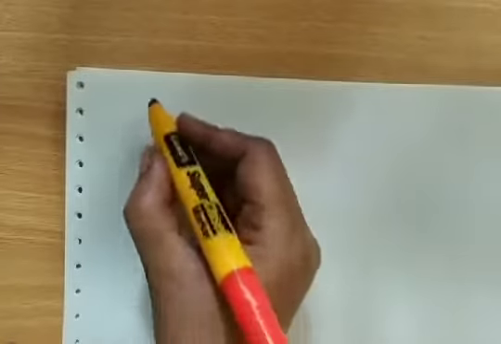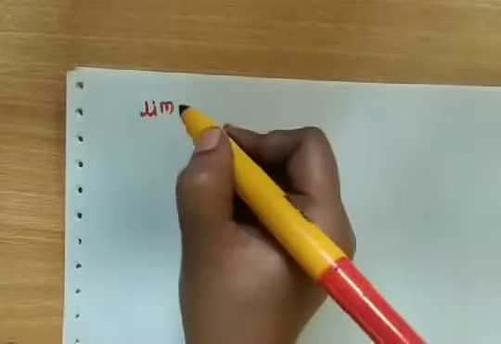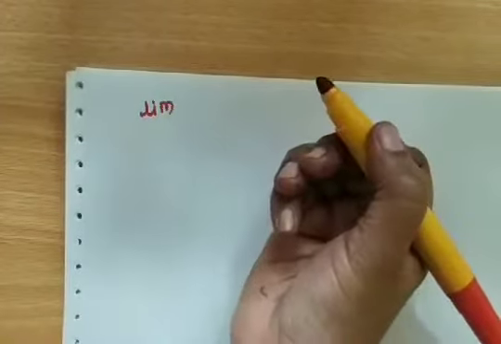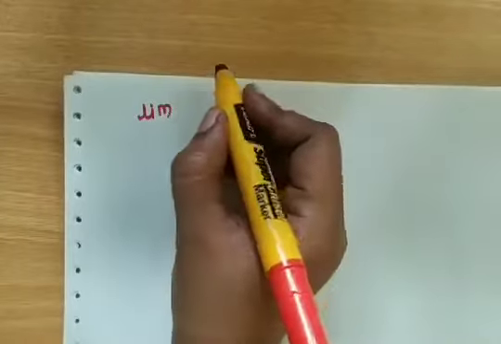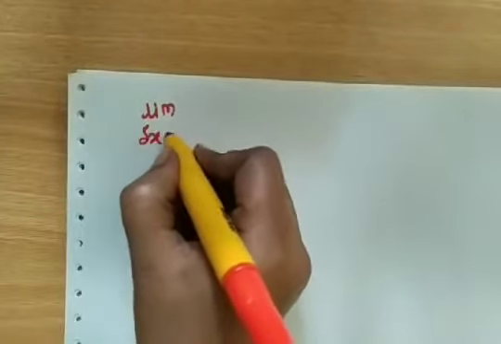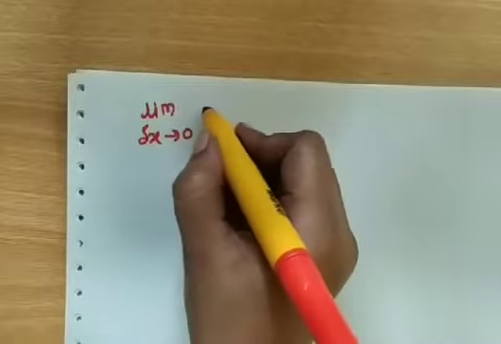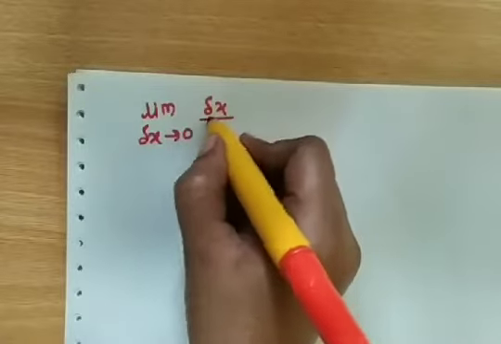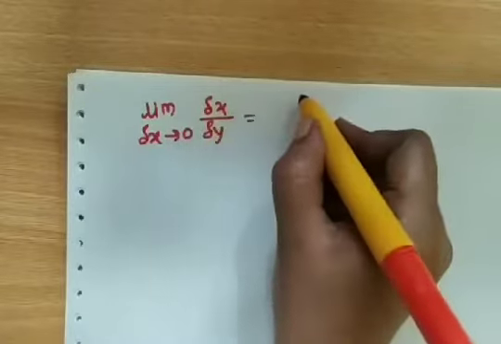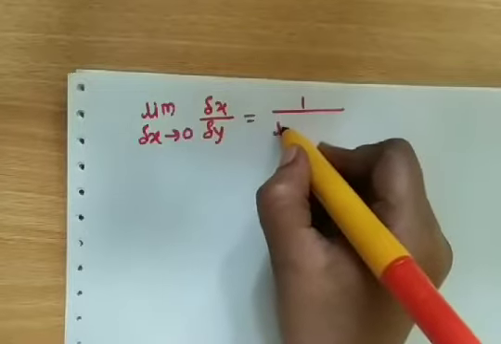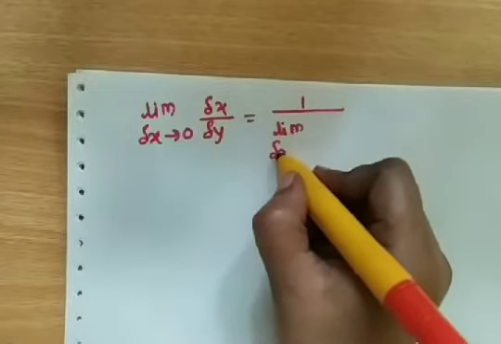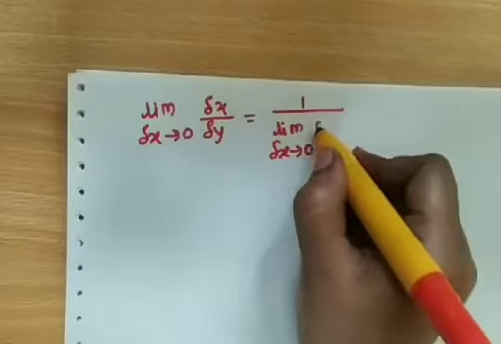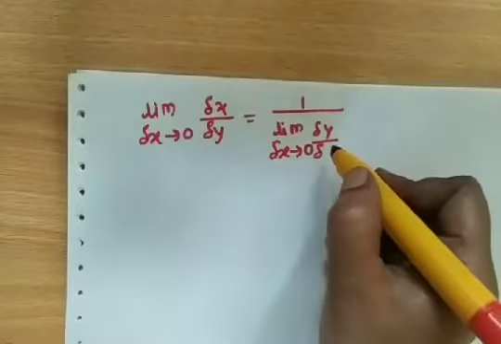We have to write it as, the left side is as it is, that is limit delta x tends to 0 of delta x divided by delta y, is equal to, it can be written as a separate limit of the denominator, that is limit delta x tends to 0 of delta y upon delta x.